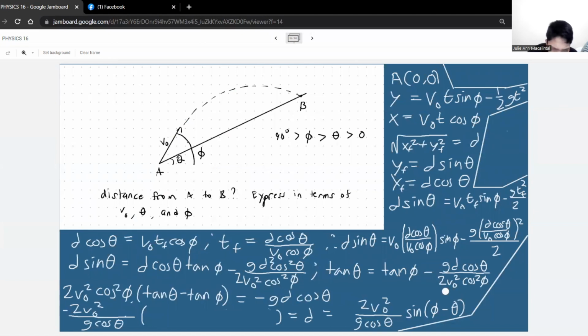So d is equal to 2v naught square sine phi minus theta divided by g cosine squared theta.